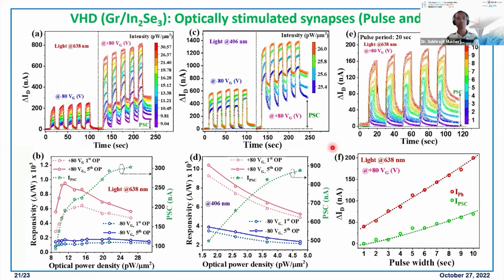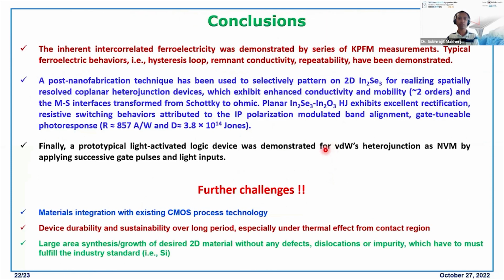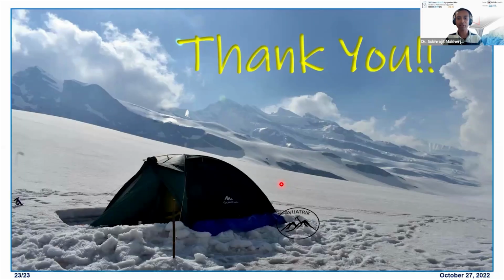And for optical pulses, we also see different types of optical memory depending on the strength of the input signal. So in conclusion, we found how the Kelvin probe can be utilized to detect the ferroelectric behavior or the junction behavior. That's all. Thank you. If you have any questions, I'm happy to answer.